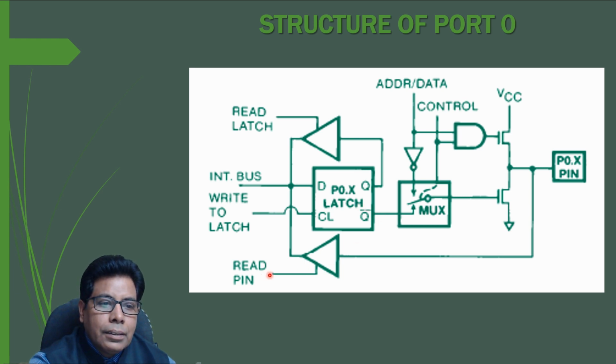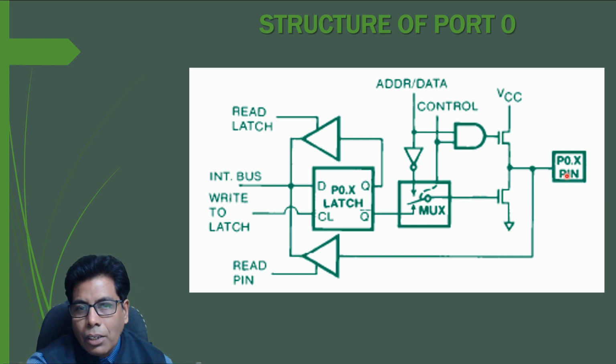Then this is a buffer for reading, and here we have the address data line, and this is the control line, which will control the flow of data. And here we have two MOSFET transistors, connected to VCC, and the port pin is connected here.